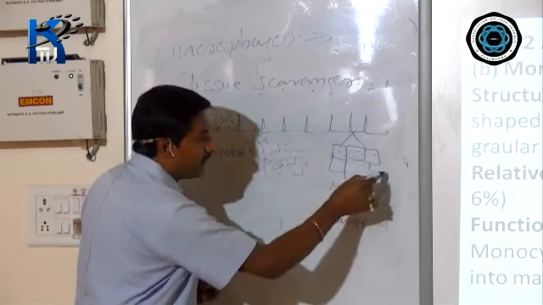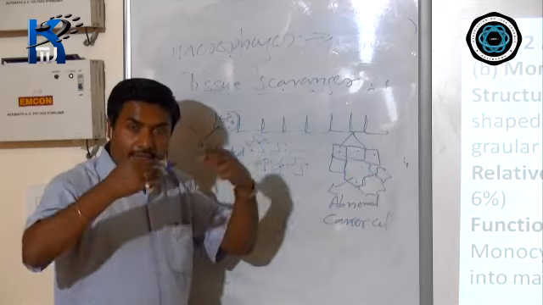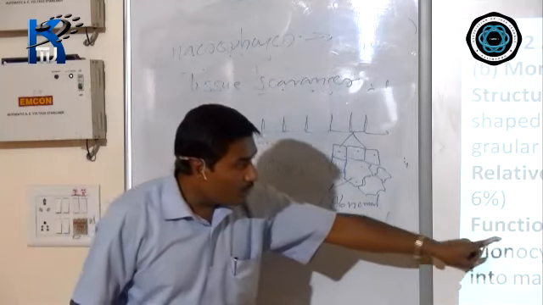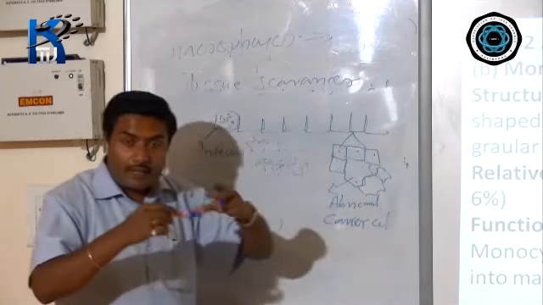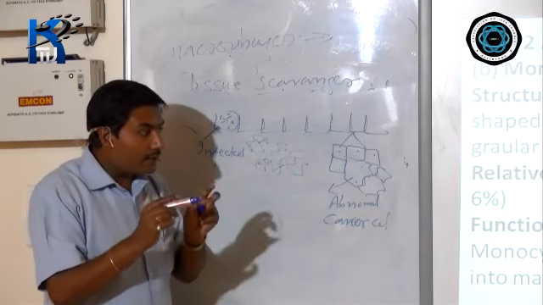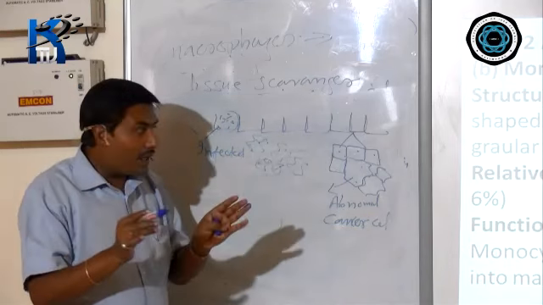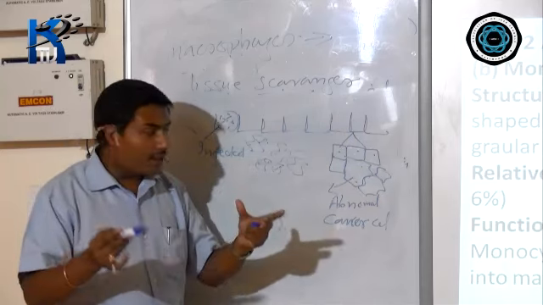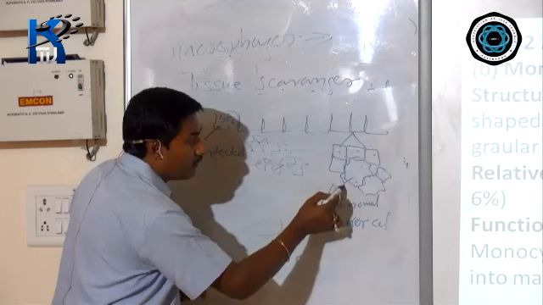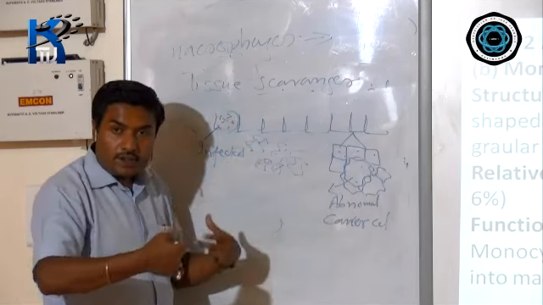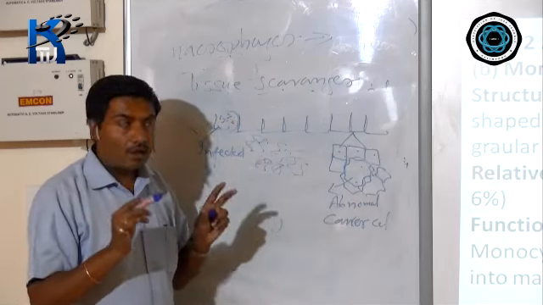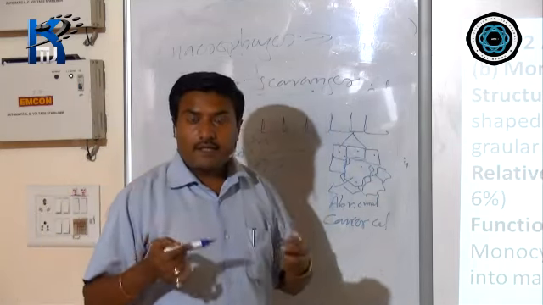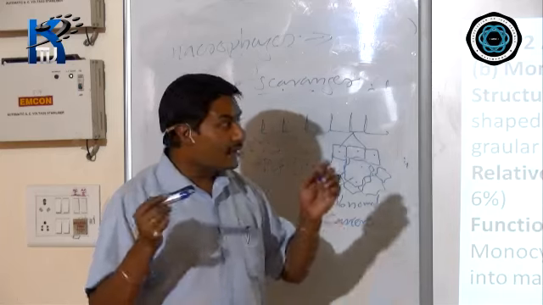Now to destroy the cancer cells, monocytes also play a very important role. That is why monocytes differentiate into macrophages. Apart from removing the debris, whichever cells are undergoing abnormal division, they clear it out, they destroy it, and then they neutralize the effect. So this is how the WBC play a very important role in defending against different types of pathogens in our body.